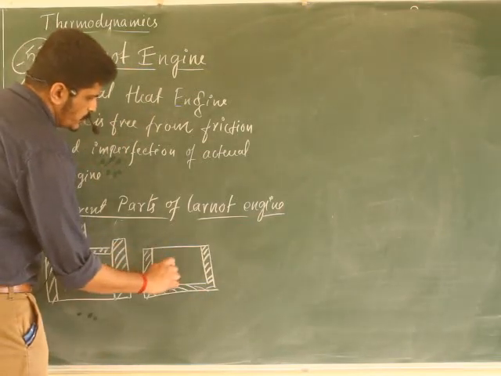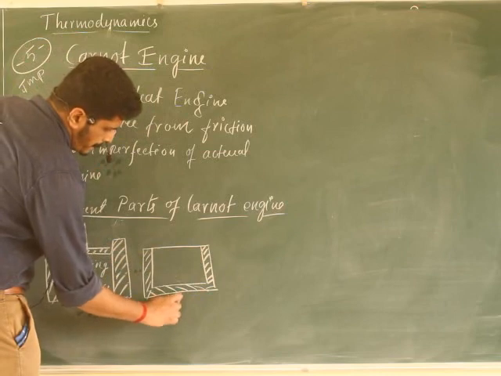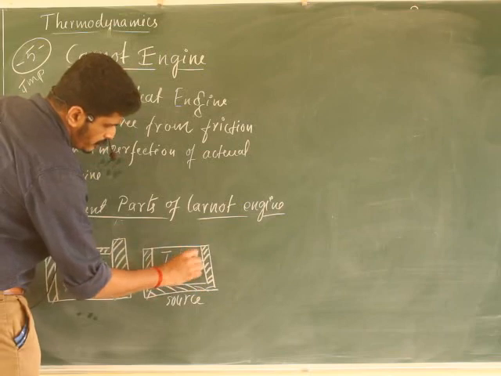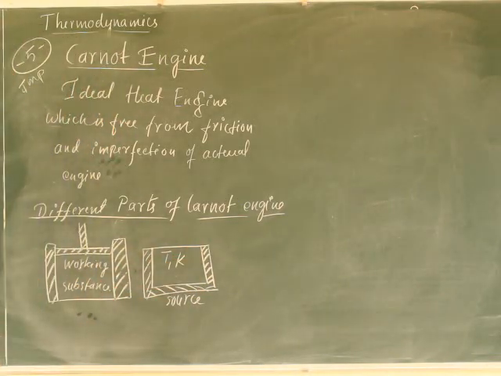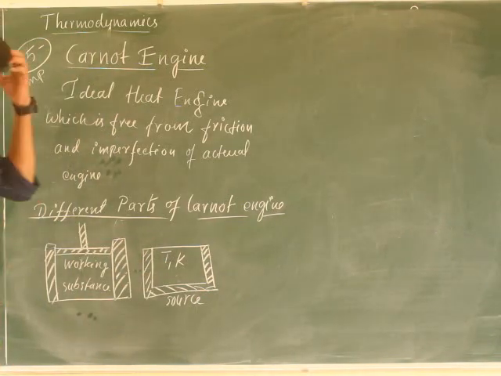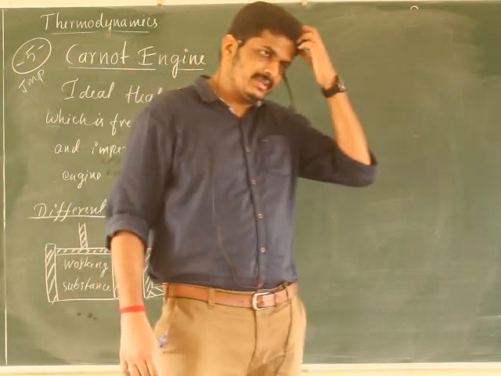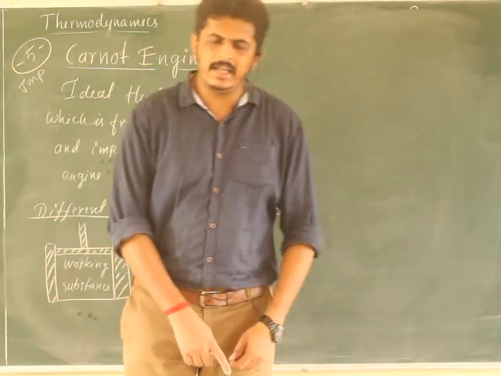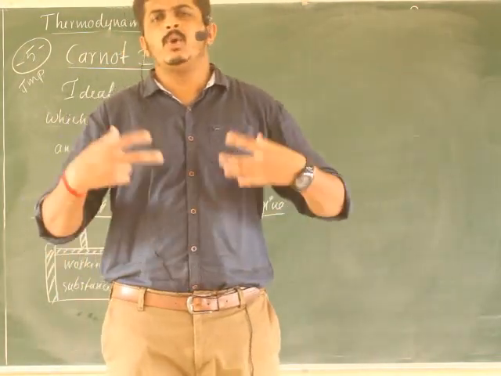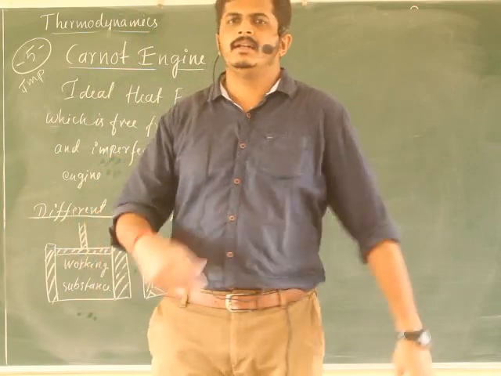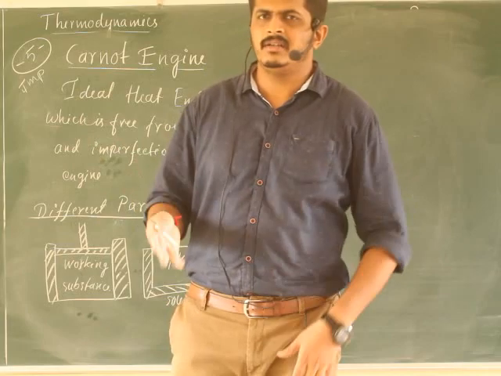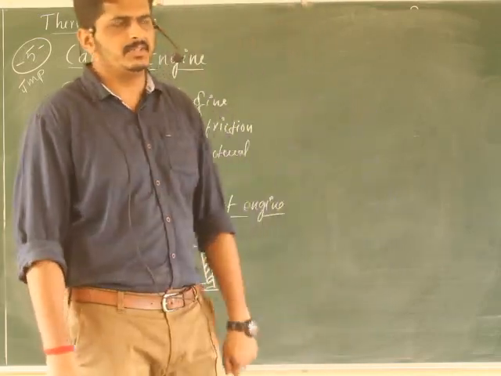This source is maintained at T1 Kelvin. Source means the place from where heat energy is supplied. That will be absorbed by the working substance container. Because of the absorption, the gas will expand, work will be done, and pressure and volume variation takes place.